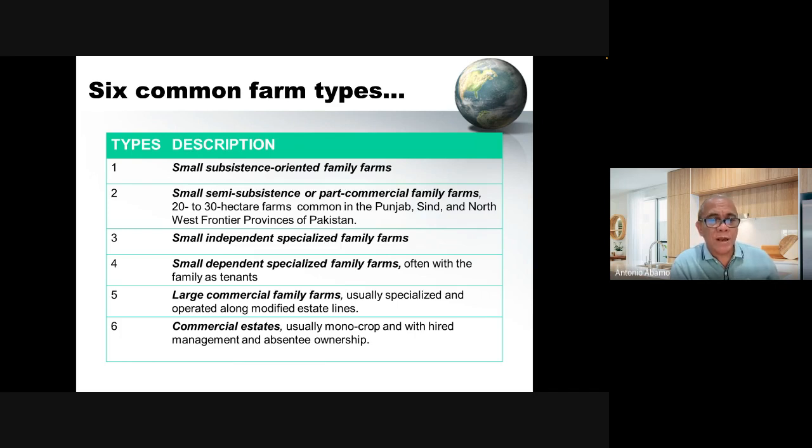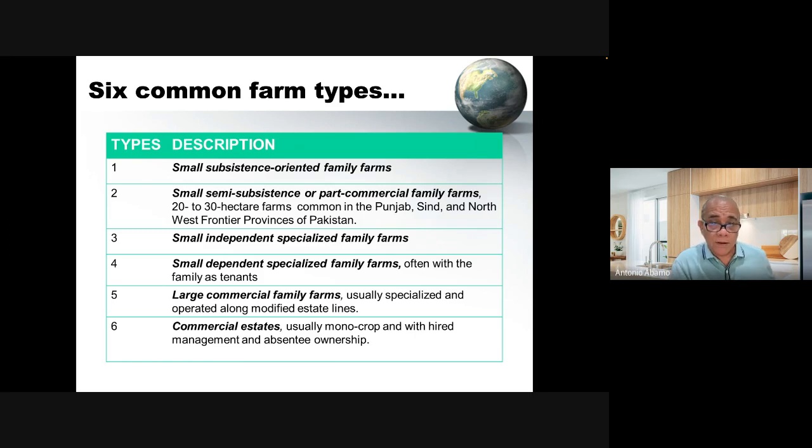The other one is, for example, small, dependent, specialized family farms, often with the family as a tenant. These are systems of farms that are cultivated by tenants, but they are really attached to that particular farm for livelihood.